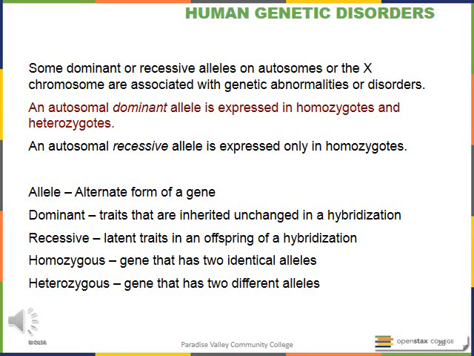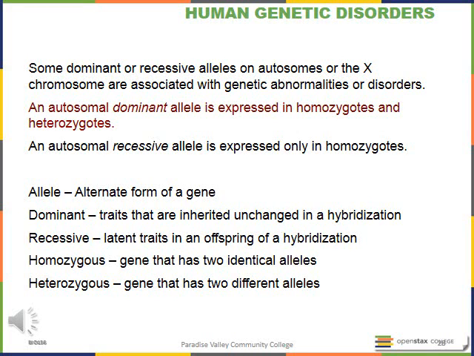The dominant traits are the ones that you're going to see in a phenotype. And remember, phenotype is your outward appearance. So dominant traits are those that are inherited unchanged in a hybridization. They're the ones that you are going to see in a person or in that individual, depending on what species we're talking about.